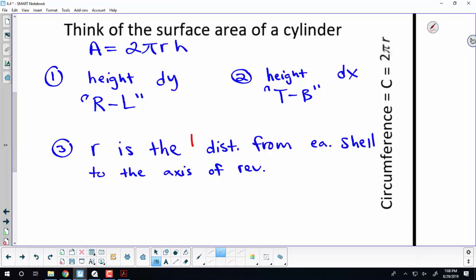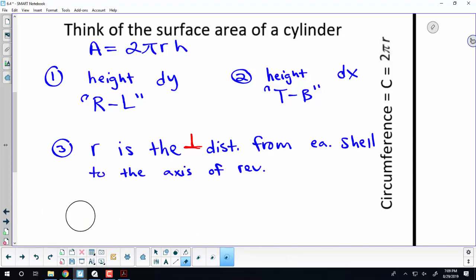When we're measuring the radius, I think maybe we should think about it as the perpendicular distance. Just like in that last example, our cross-section was like this, but we're rotating it around the x-axis. So this right here was our radius, perpendicular to the shells, if that makes sense.